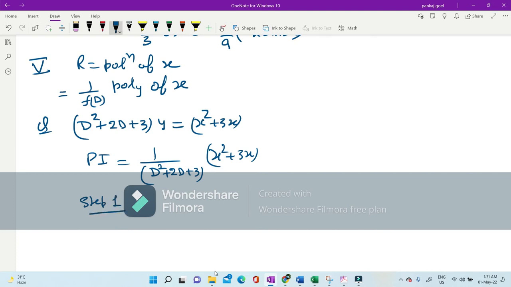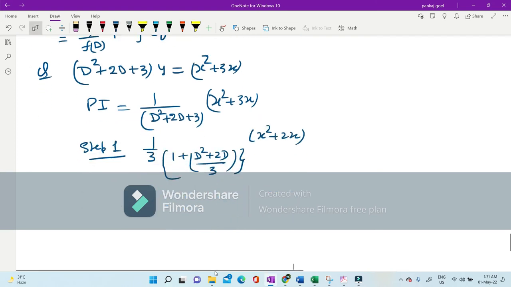Step 1, take least degree term common from denominator, 1 upon 3, and this can be written as 1 plus D square plus 2D upon 3, and this you can write x square plus 3x.